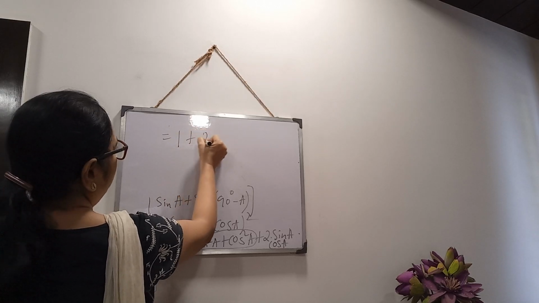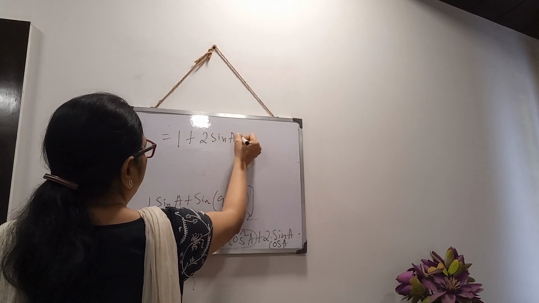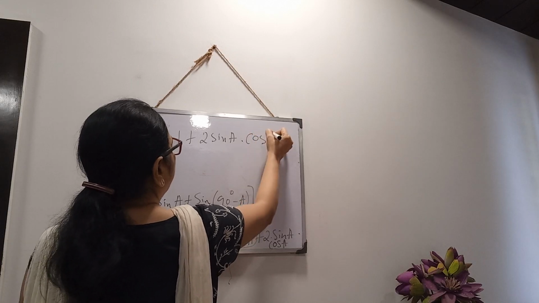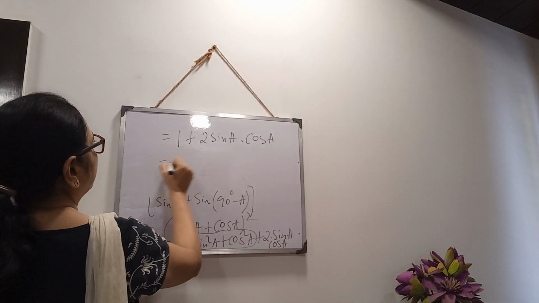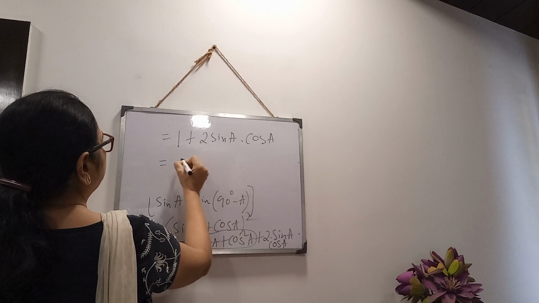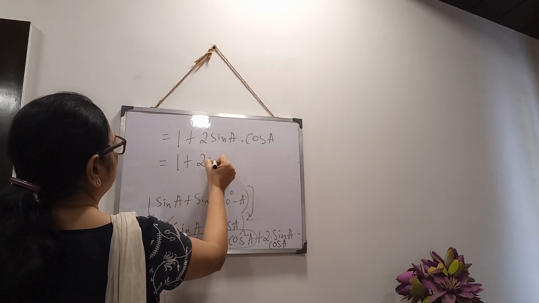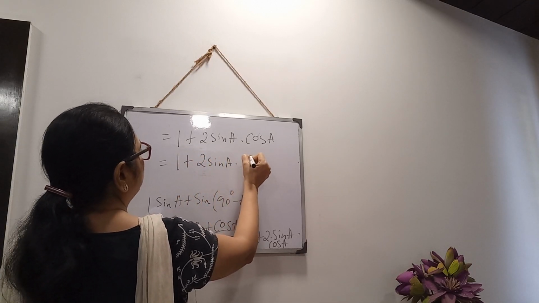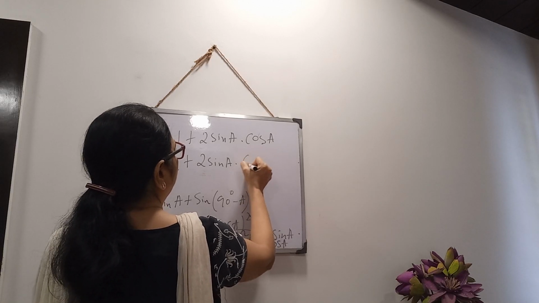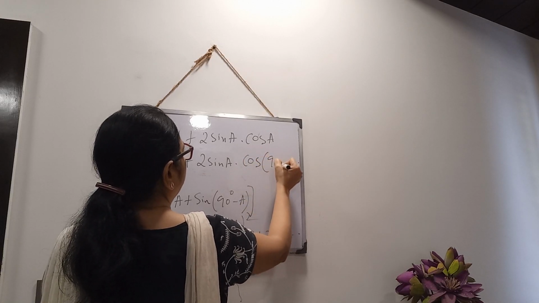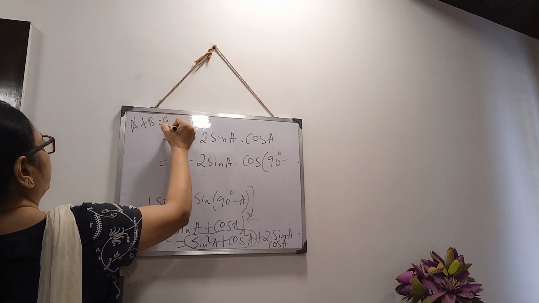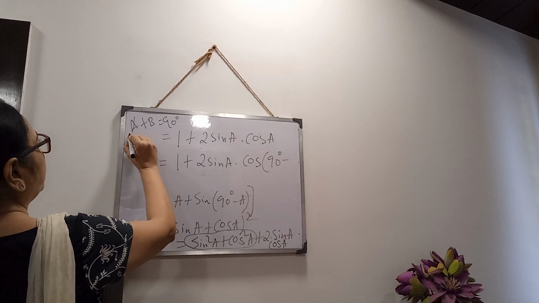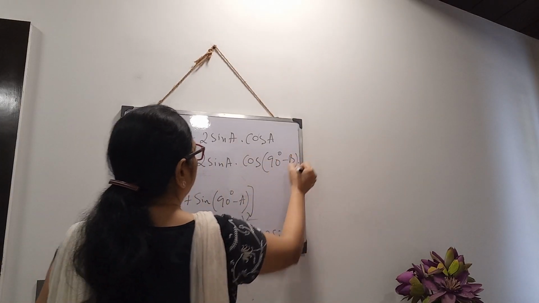So we are getting 1 plus 2 sin A into cos A. But we have to prove that the right hand side is given as 1 plus 2 sin A into sin B. So this one we will convert in terms of B. 1 plus 2 sin A into cos A. Cos A I can write as cos of 90 minus B. Why? As A plus B equals 90 degrees, so A equals 90 minus B.